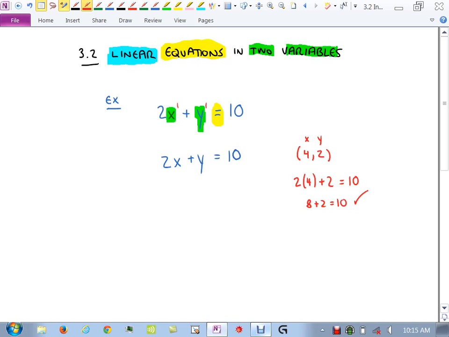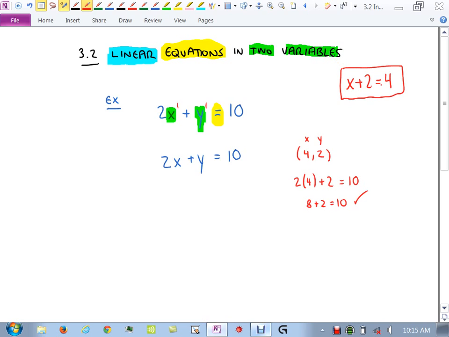But the solution was an x and a y. It's very different than this equation up here, top right. Somebody give me a solution to that equation. 2. Is there any other solution? This is what we were tested on, right? That's a problem off the test.